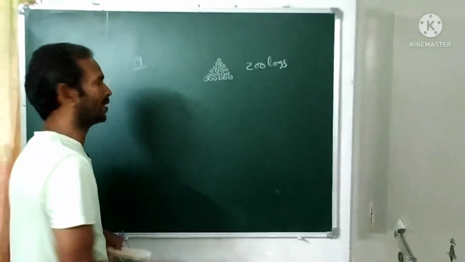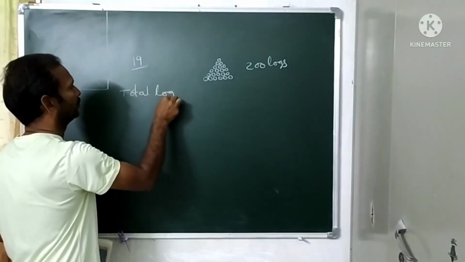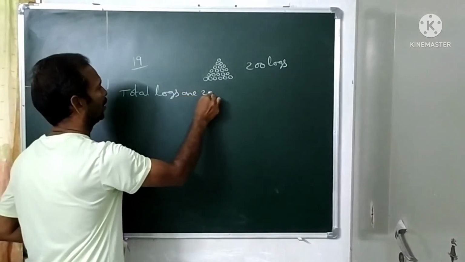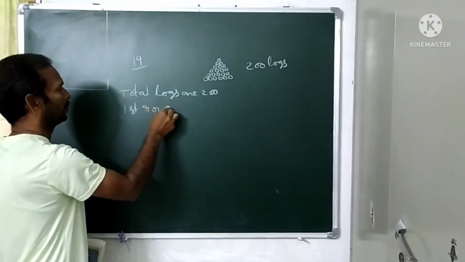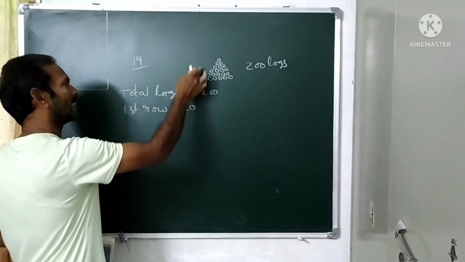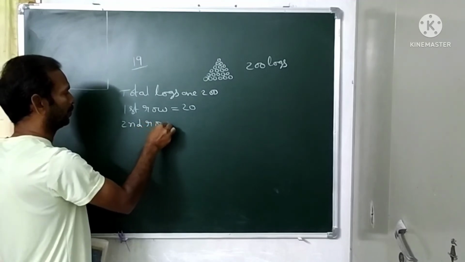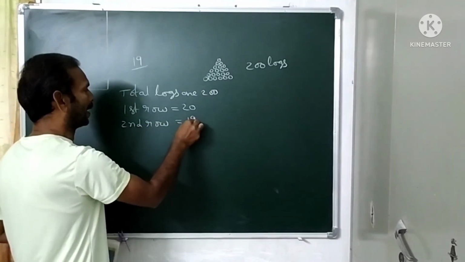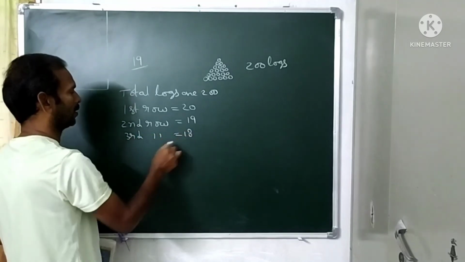See, total logs are 200. First row 20, second row 19, third row 18, so on.